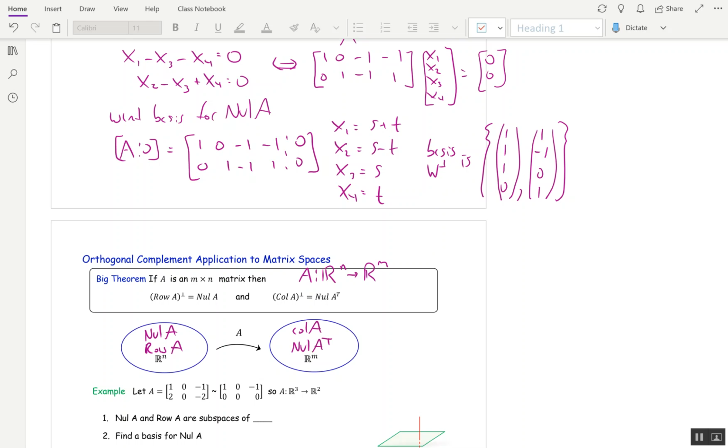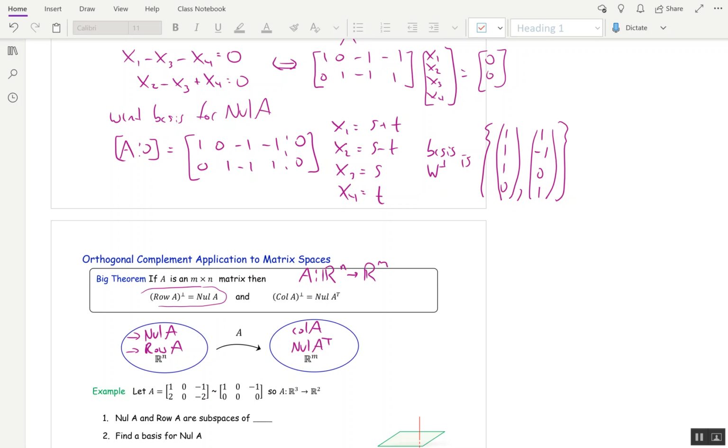All right, so what this theorem says is that we know that null A and row A live over here in Rn, but they live there in a very special way. They're completely orthogonal. So row A perp is null A, meaning the only vector they have in common is the 0 vector. Same thing over here, col A and null A transpose live in Rm in a very special way.